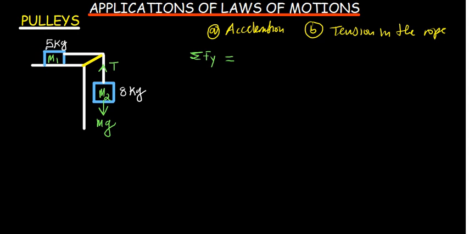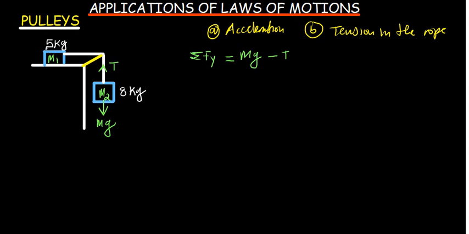So the net force on this object is given by mg, the force going down. I say mg and not m because m is not a force, that's mass; mg is weight, which is a force. Then you remove the tension because that's a force going in the opposite direction. That's how you find net force for this object.